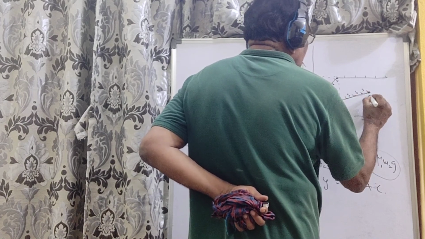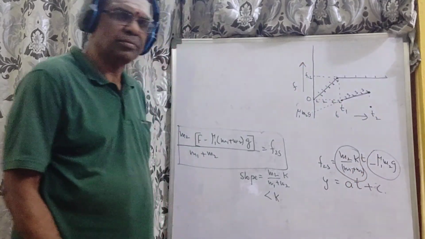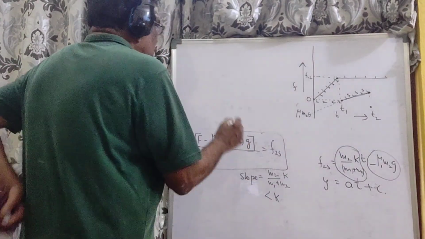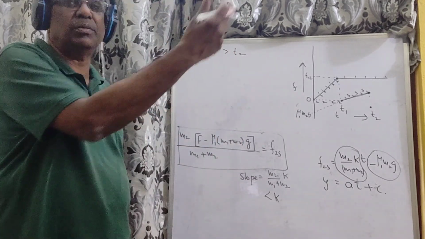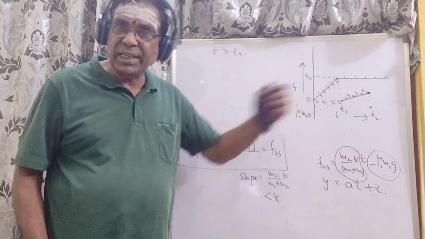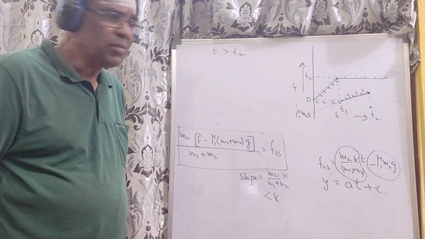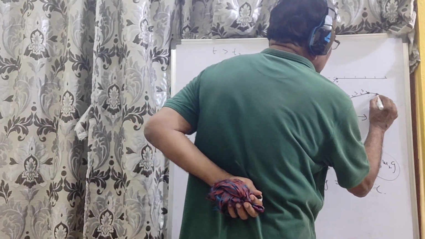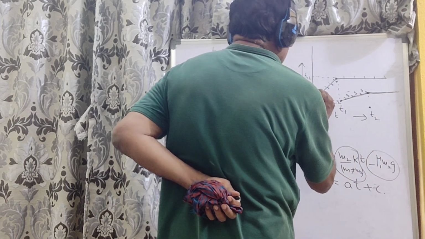Okay? Let me say this time is T2. That means when T is greater than T2, we have already done that before. We have already done that. What is F2K? Because this is F2S and this will be F2K.